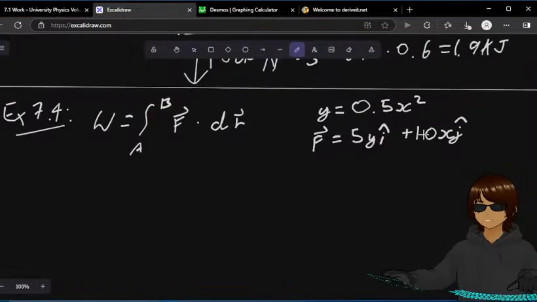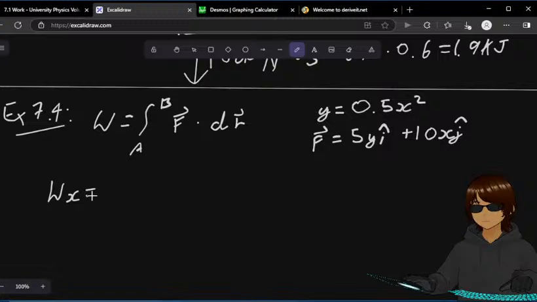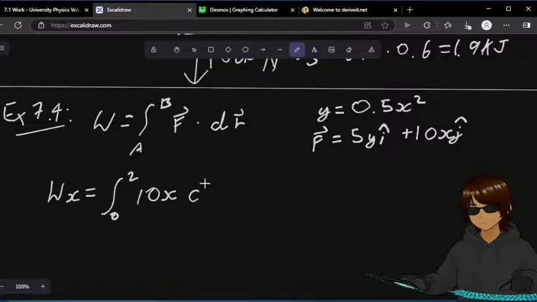In the x direction, it went from 0 to 2. We have 10x dx.